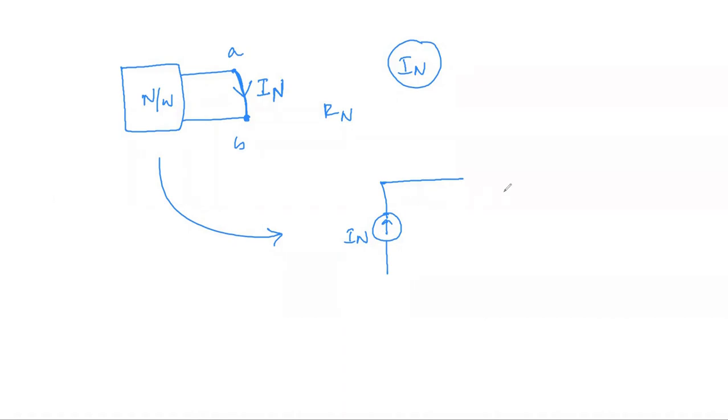Here you have to connect the Norton resistance in parallel with IN. That is the only difference. That's it, A and B. Again, after finding the Norton equivalent, just reconnect the load resistance which you disconnected. That is load resistance RL, and this is RN.